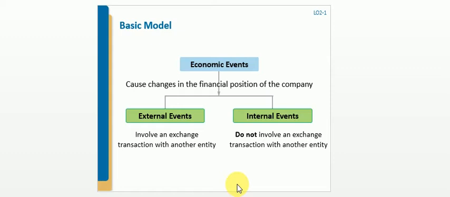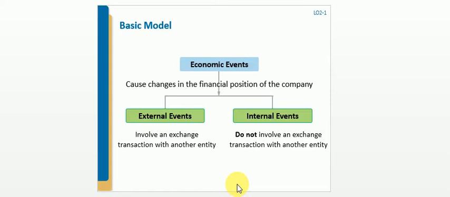You are dealing here with economic events that cause changes in the financial position of the business or of the company. In other words, an economic event is an event that has a very solid impact on your financial position. These events are divided into two categories: external events and internal events.